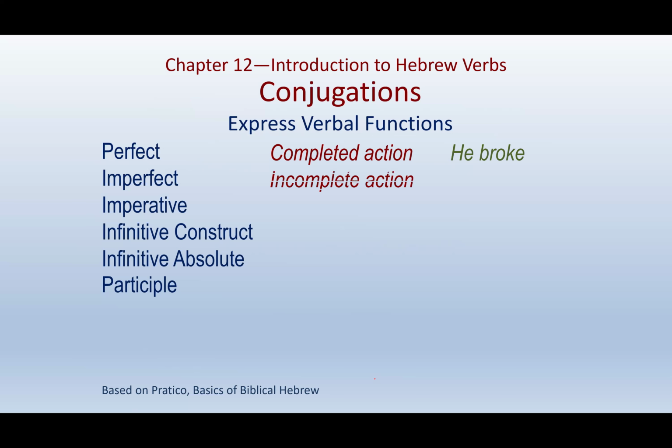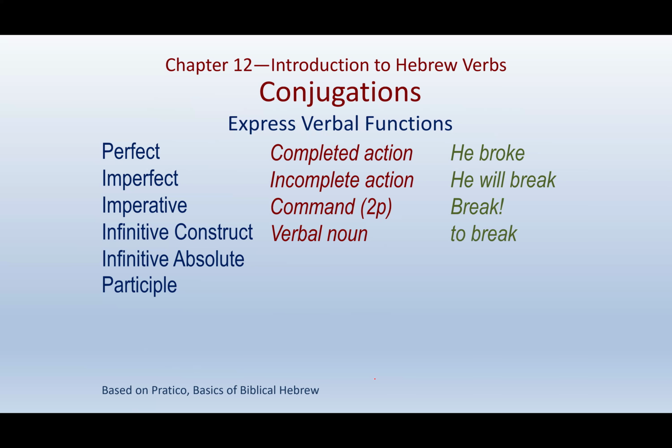"He broke." The imperfect is an incomplete action, so it's going to be translated either as a present or, most of the time, as a future: "he will break." Imperative is a command for the second person, and so it's just "break." It's telling somebody to do it. Infinitive construct is a verbal noun like our English infinitive, "to break." And then the infinitive absolute is also a verbal noun, but there's nothing like it in English.